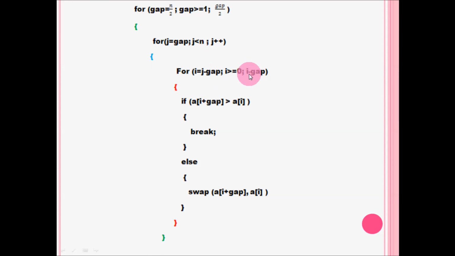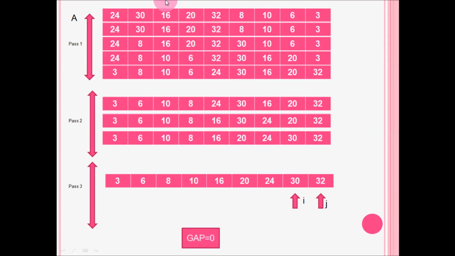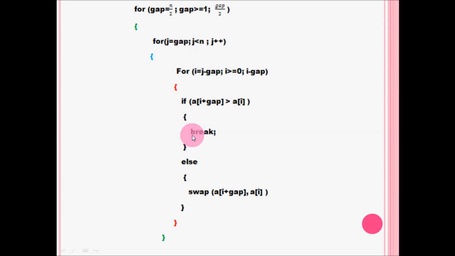And when the element of array A at i plus gap, 1, 2, 3, 4, if the element at i plus gap is bigger, no swapping is needed. That's why we write break here, but if the element is smaller, swapping will be done. I hope you understand this code and what I am trying to say.